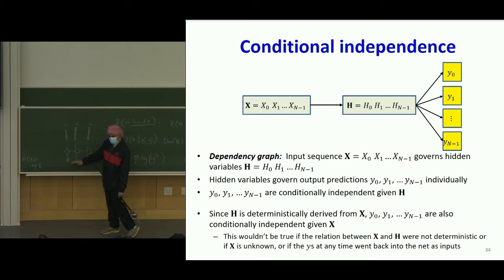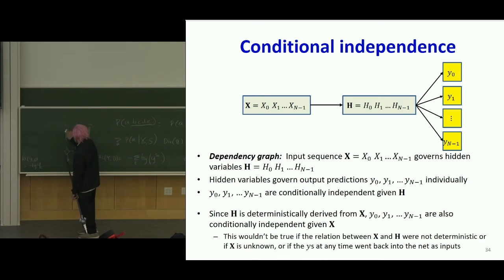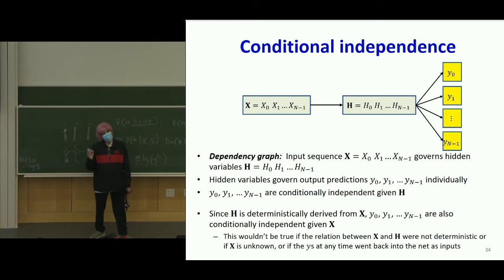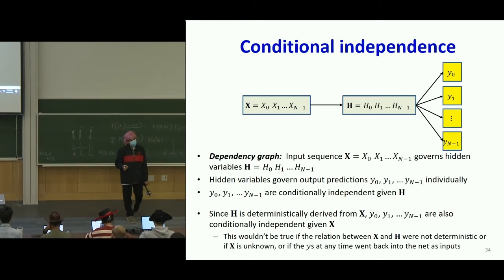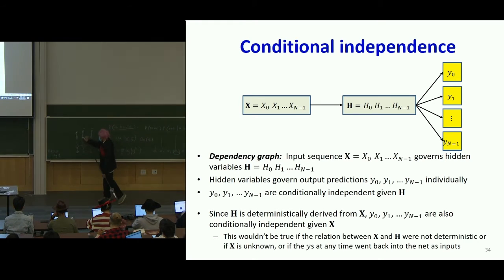If I'm given an input, the input has been processed by the network. After having been processed by the network, I have a probability distribution at each time. So these things are already given. So if I randomly chose this entry over here, this does not affect the probability that I will choose this entry out here. Is that making sense?